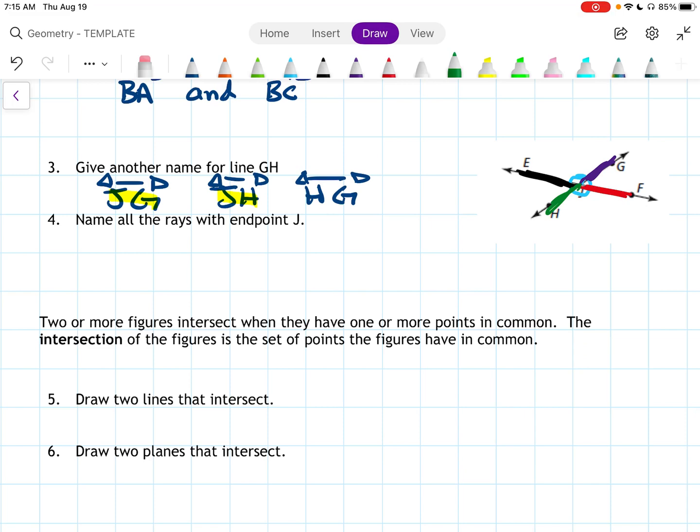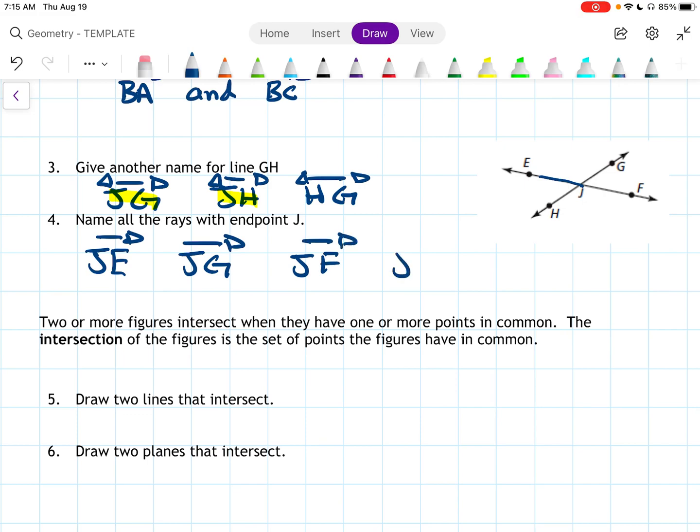There's 4 different ways. So I'm going to erase this so that I can see what I'm doing. They're all going to start with the J, and then we'll go towards E first, so JE. And then we'll have JG, JF, and JH. Those are our 4 different rays.